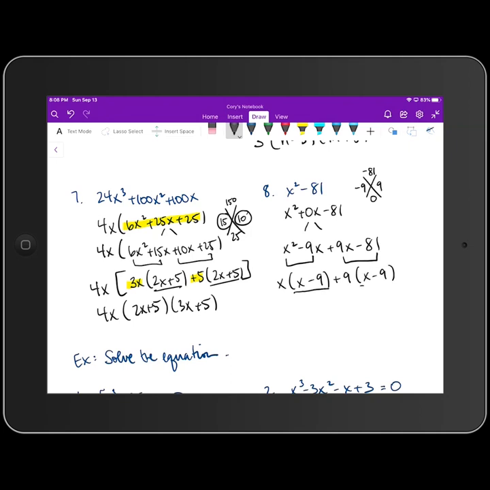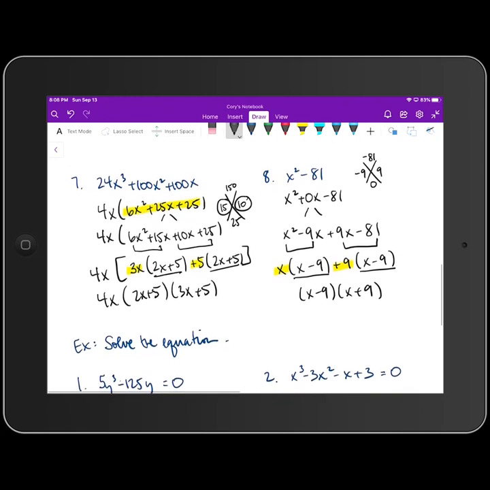So x minus 9 is the common factor. And then when we factor that out, that leaves us with x plus 9. Okay, and that approach for that problem is completely fine. But there's a faster way to do problems of this type.